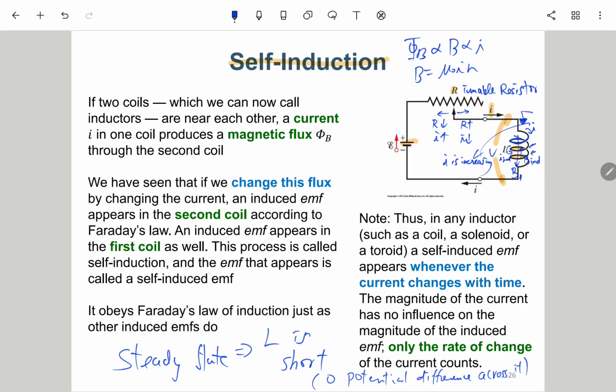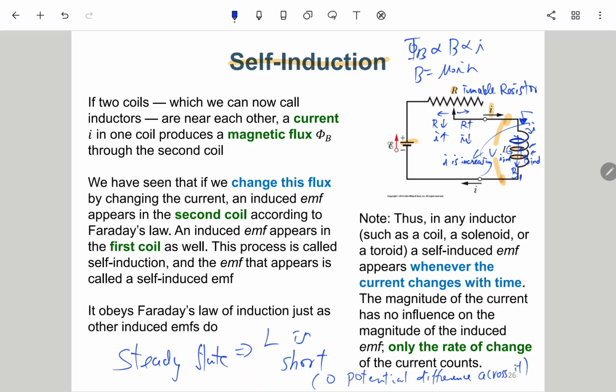But for the capacitor, in a steady state, it is like an open circuit. So it is the opposite to the inductor; the inductor and the capacitor are somehow opposite to each other. In chapter 31, we will also learn the phasor. The impedance of one of them will be a positive imaginary number, and one will be a negative imaginary number, so they are somehow opposite to each other.